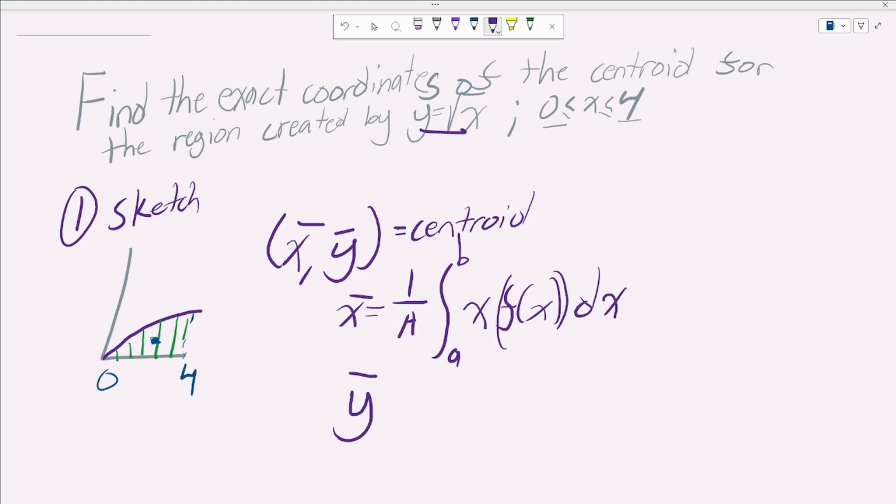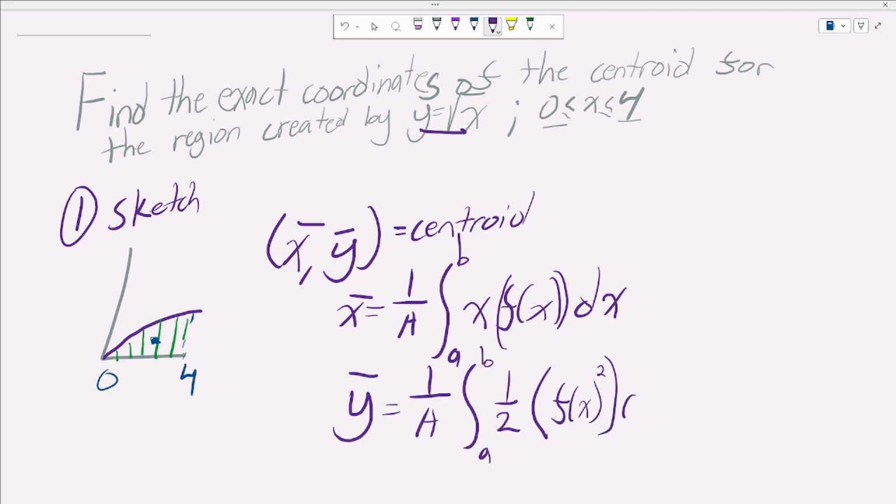And y bar is equal to 1 over A times the integral going from a to b of 1/2 times our function squared, dx. And then our A is just the area under our function, so A is equal to the integral going from a to b of f of x dx.